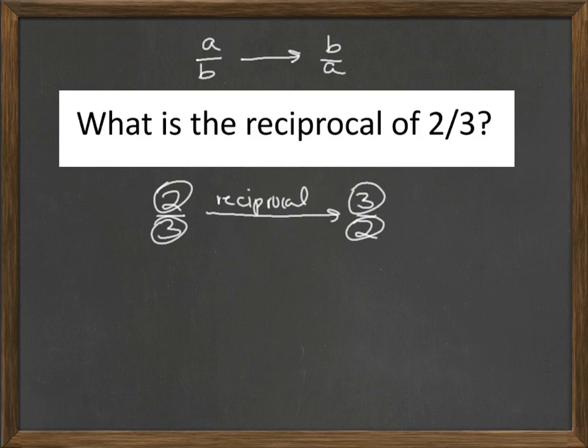We are flipping it. Relating that back to the colloquial definition of reciprocity, it's like flipping somebody's compliment or gift and putting it back on themselves. Thinking of it as flipping can help you remember that we flip a fraction when we find the reciprocal.